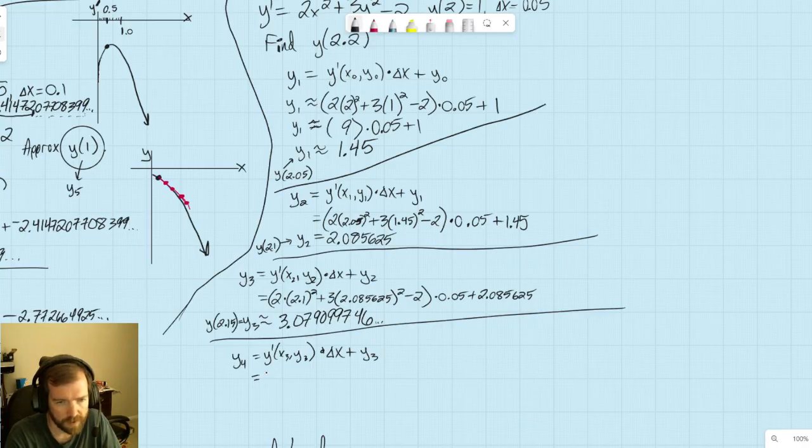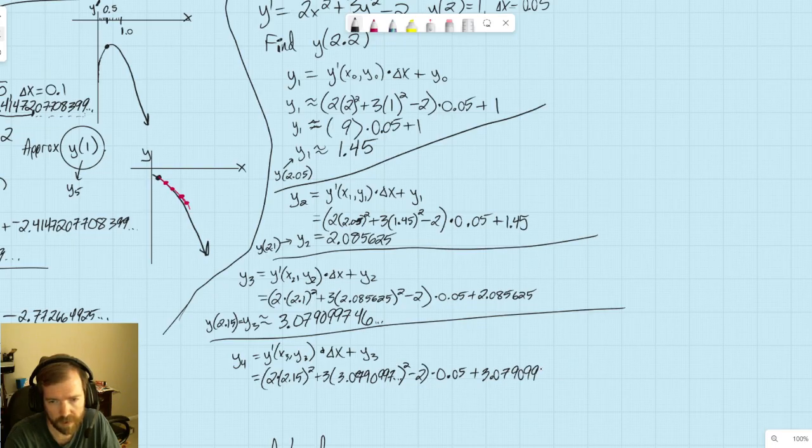So this is going to be, again, twice 2.15 squared plus 3 times 3.079099746, etc. squared, minus 2, times 0.05, plus 3.0790997 and more stuff after that. And update 2.08 to be that number.